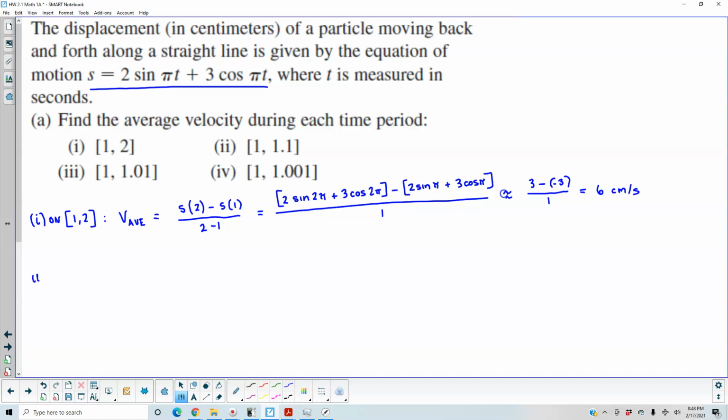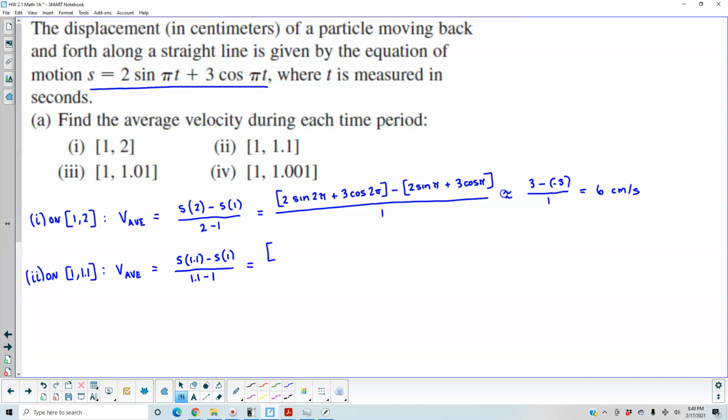Okay, let's take a look at number 2. Okay, so this is on the interval that's going from 1 to 1.1. So we want to find the average velocity that's going from s of 1.1 minus s of 1 over 1.1 minus 1.